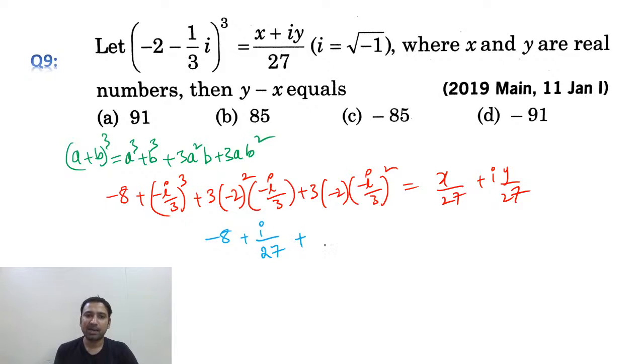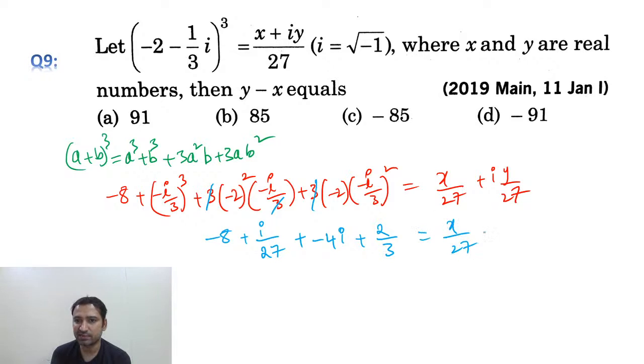Plus here, (-2)^2 is what, guys? (-2)^2 is 4. 3 fours are 3, anyway 3 gets cancelled. So 4 times -i, which is -4i. Next, in this one, 3 again gets cancelled, but actually one more 3 is there. So finally (-i)^2 is -1 into plus 2, which is 2/3 we are getting, equal to x/27 + i y/27.